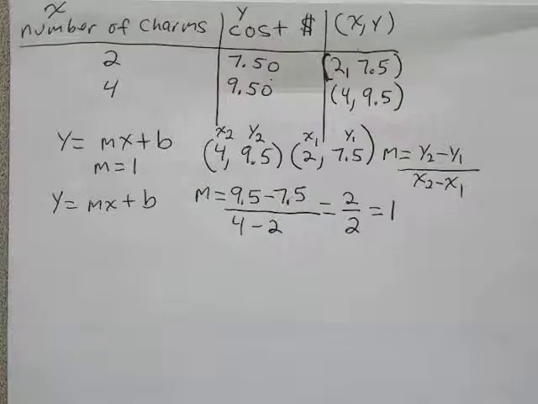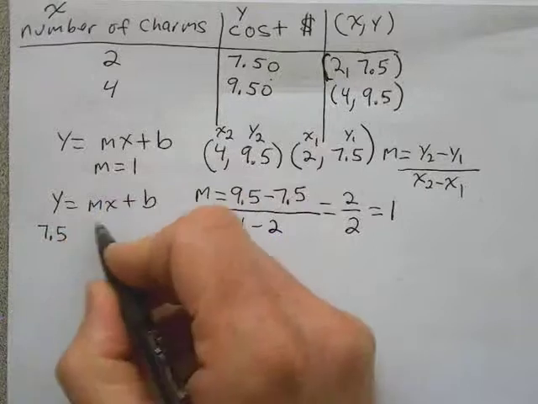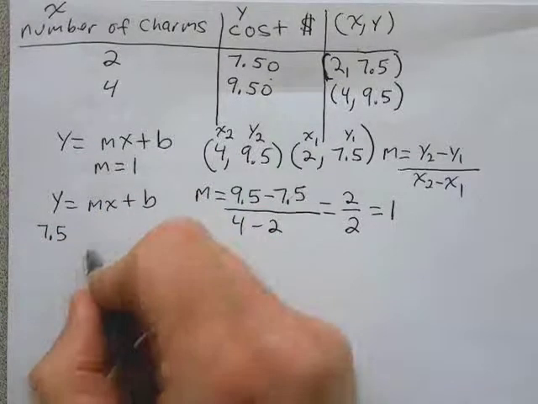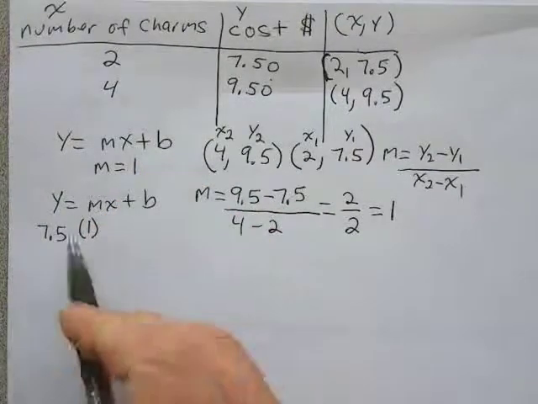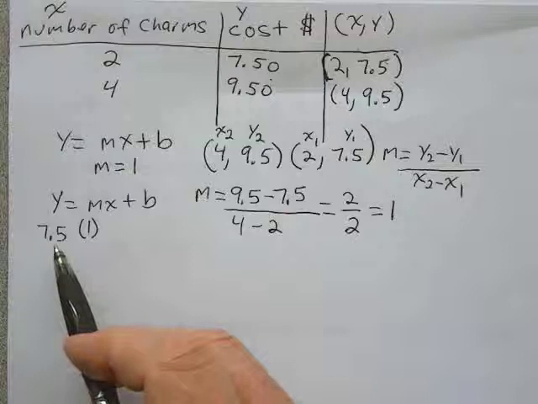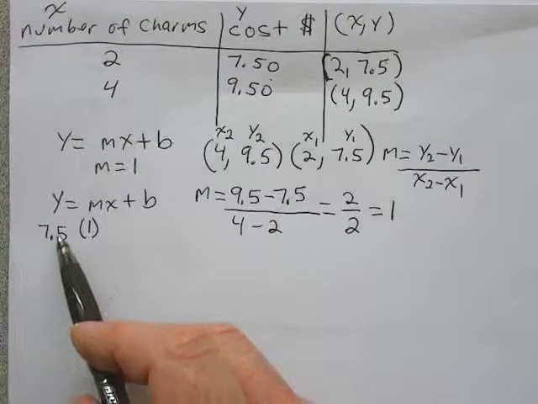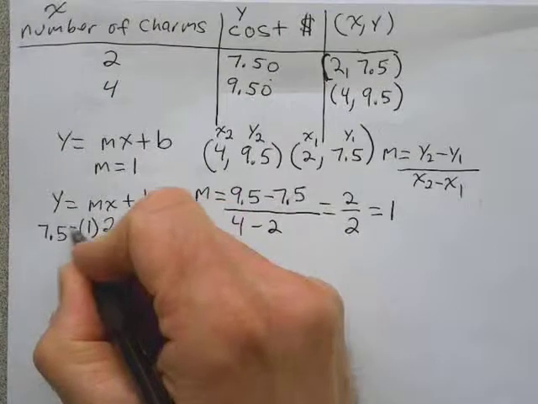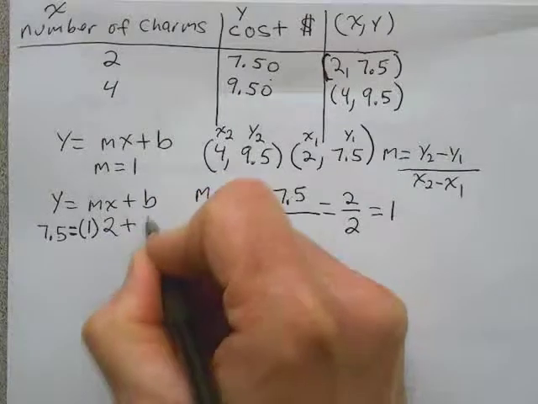I know that when y is 7.5, m is going to be 1, so I don't really need to write a 1, but I will. It's going to be 1 multiplied by the x value. I know that when y is 7.5, x is 2. So 1 multiplied by 2, plus b.